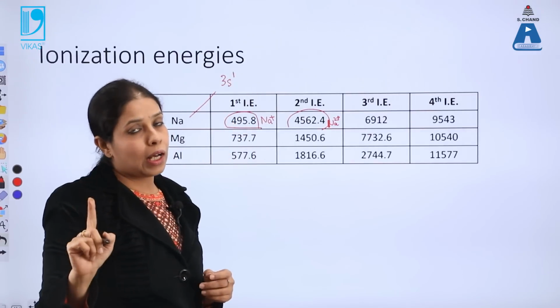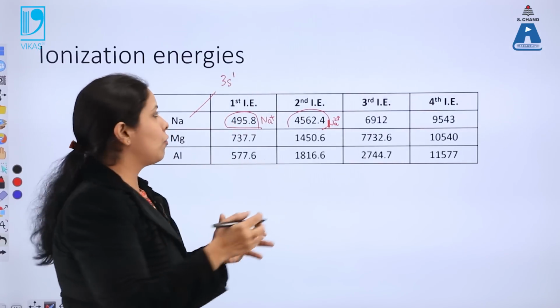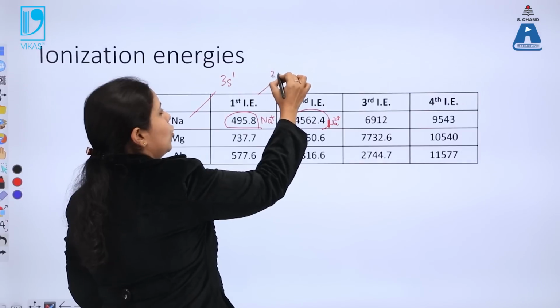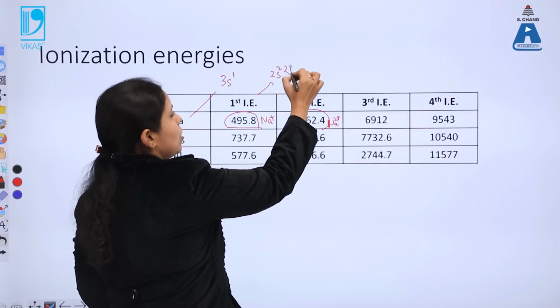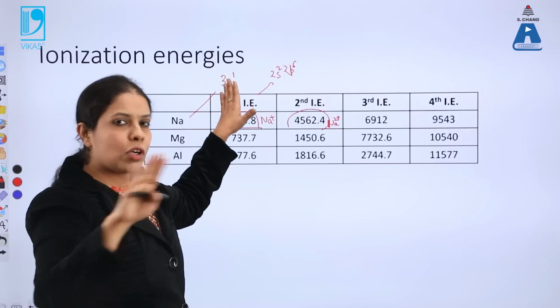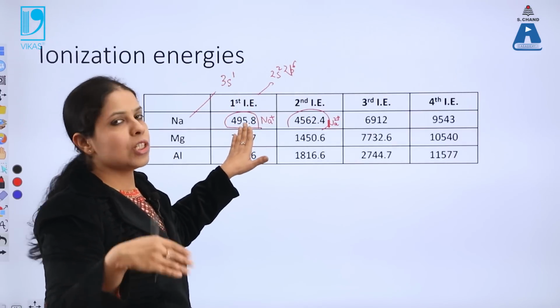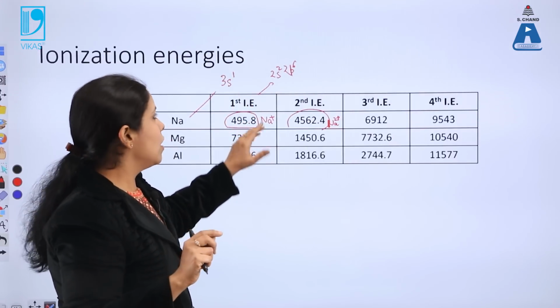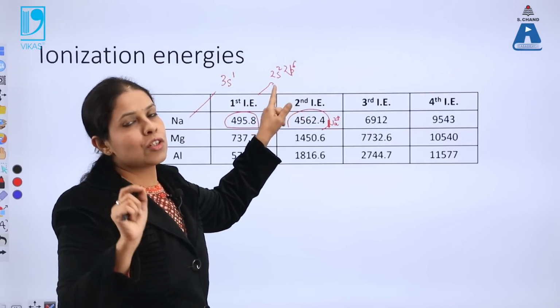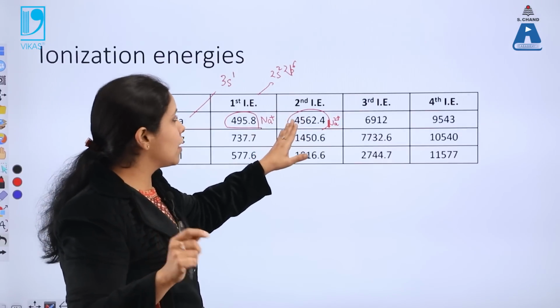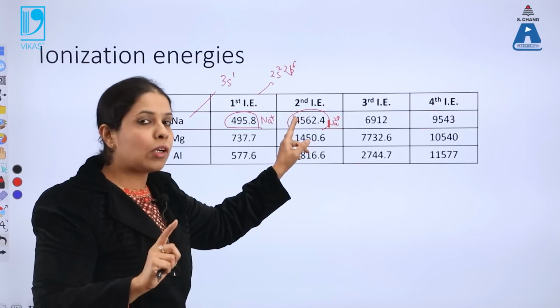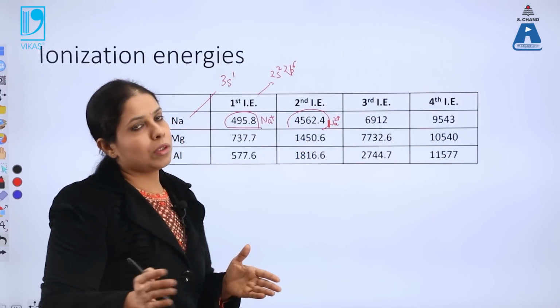When we remove one electron from it, it has a 2s2 2p6 configuration. So when the outer electron is removed, the amount of energy we have to provide is comparatively less. Now it is the most stable configuration, the noble gas configuration. In this case, if we have to remove an electron from this stable configuration, a very high amount of energy is required.